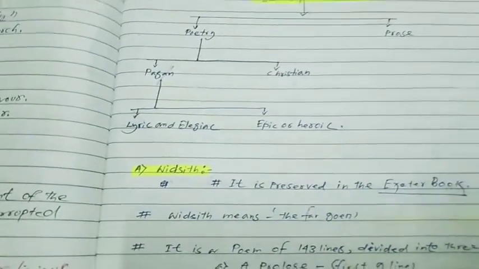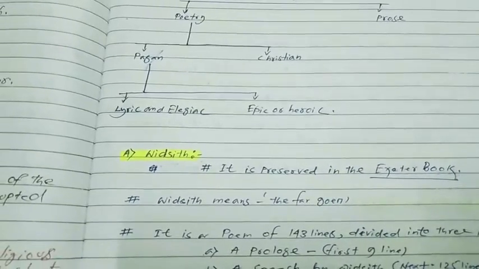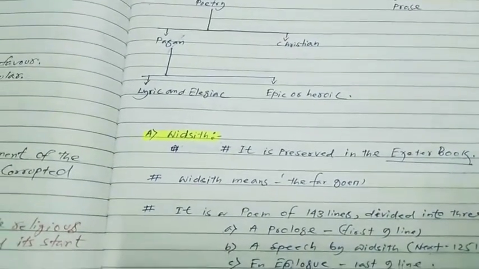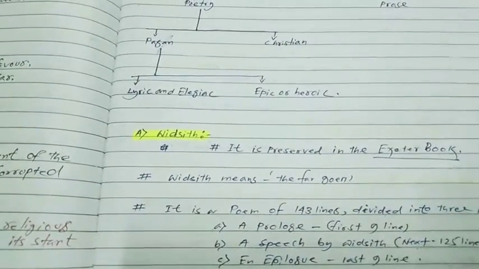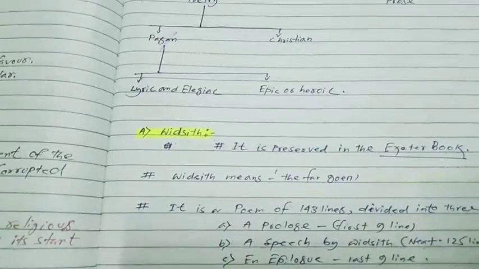So the first poem is Widsith. The first important information is that it is preserved in the Exeter book. Widsith means the far-goer, and the whole poem can be divided into 3 parts, and it is a poem of 143 lines.